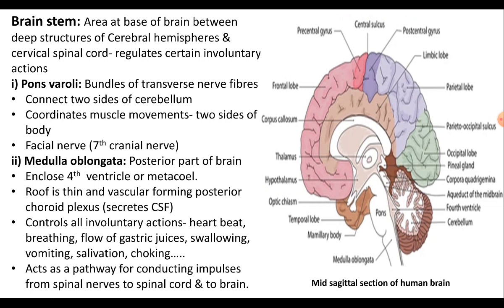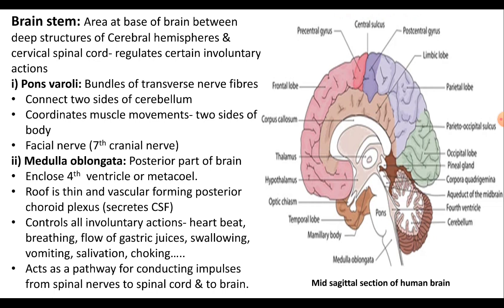The second main part of the hindbrain is the brainstem. It is the area at the base of the brain which lies between the deep structures of the cerebral hemispheres and the cervical spinal cord, where it serves a critical role: it regulates certain involuntary actions such as breathing, circulation, and the flow of gastric juices in the alimentary canal.